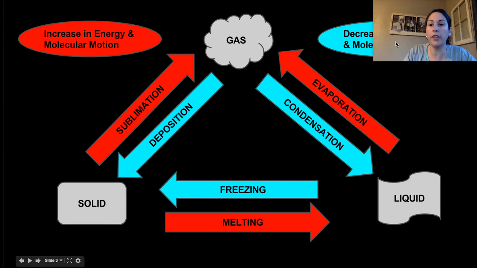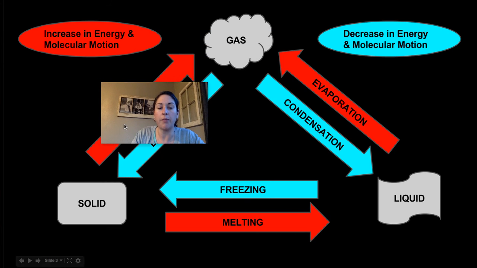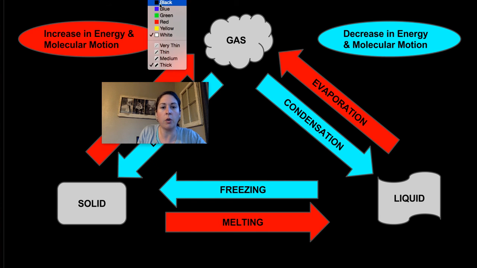Okay, so the first thing I want to do is come back to this diagram that we've seen before. We don't need to worry about going between the gas and the solid, so I'm going to cover up those ones. But we are going to worry about these other 4. We just mentioned them. With these, we want to find out what's going on with the heats. I'm going to add a couple things into this diagram.